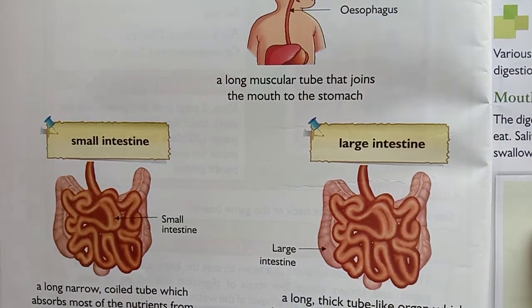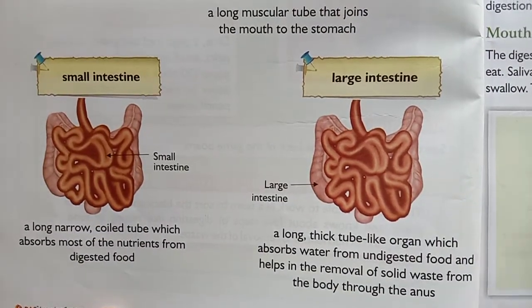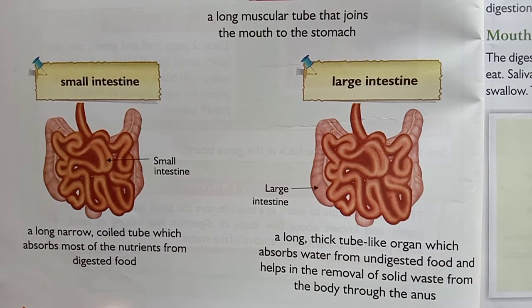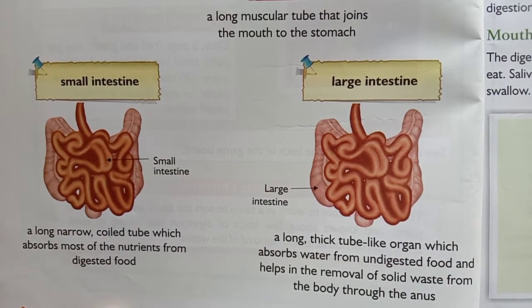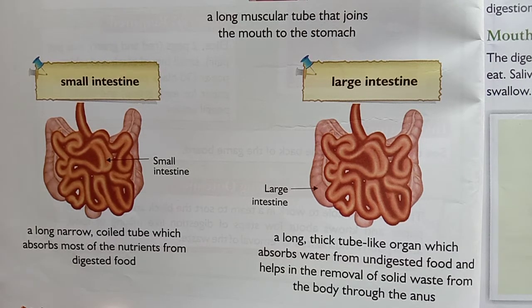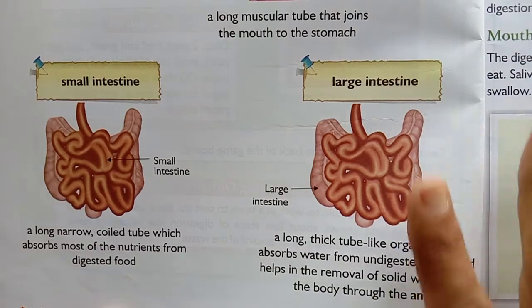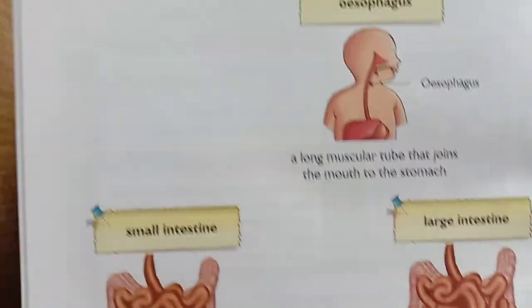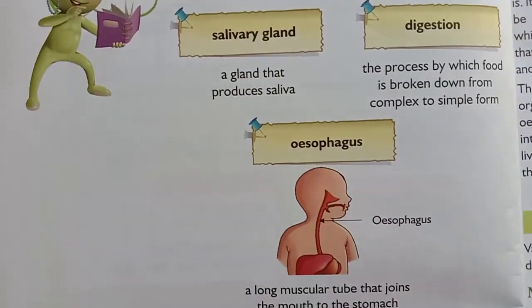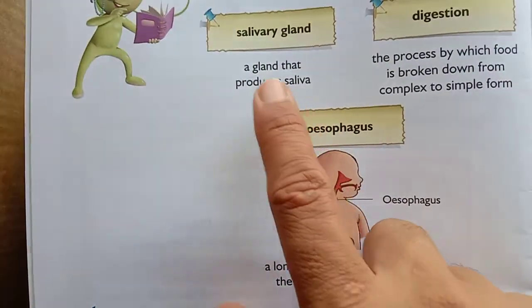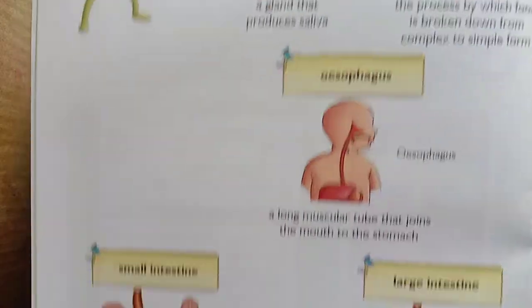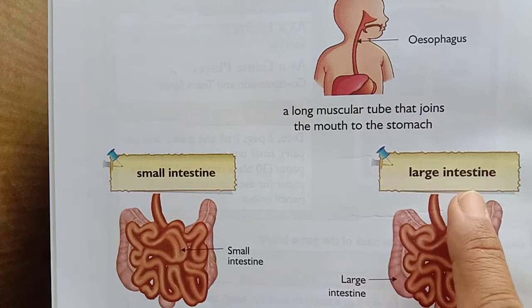Large intestine means it's a long, thick tube-like organ which absorbs water from undigested food. It helps in the removal of solid waste from the body through the anus. Okay, students, these words we have to remember. You have to write these words and meanings in your notebook and practice reading them. This is salivary gland, digestion, esophagus, small intestine, large intestine.